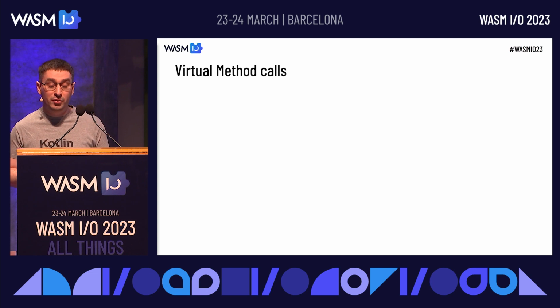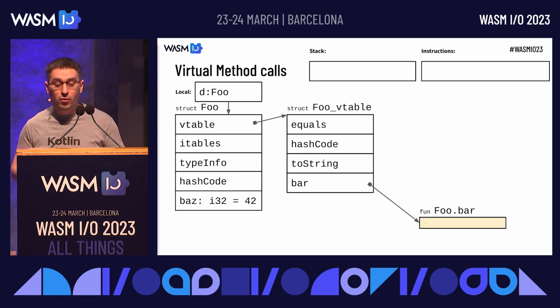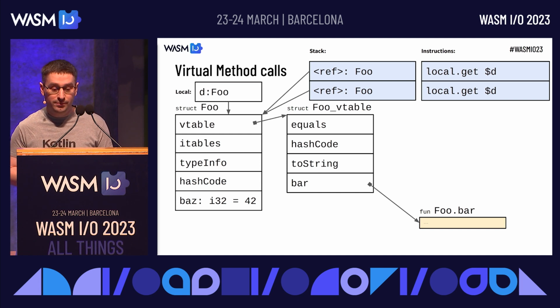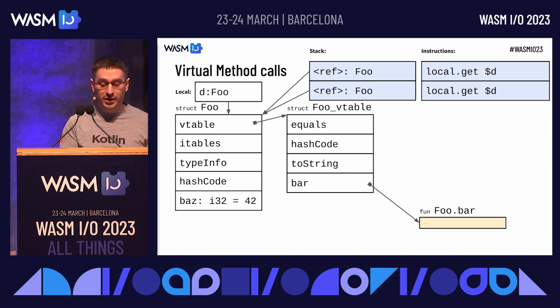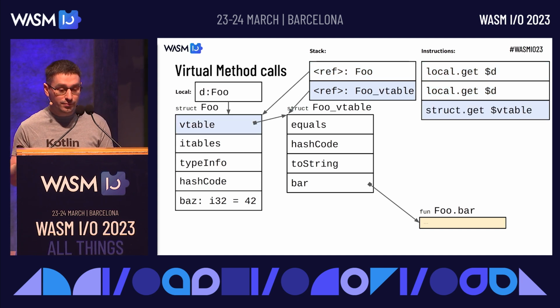To do a virtual call, we need a bit more. We have the same variable d with an instance of Foo, and now we want to call the method bar. Let's do that. We first put d on the stack 2 times. The first is an argument of the method, and the second we will use to reach the method.